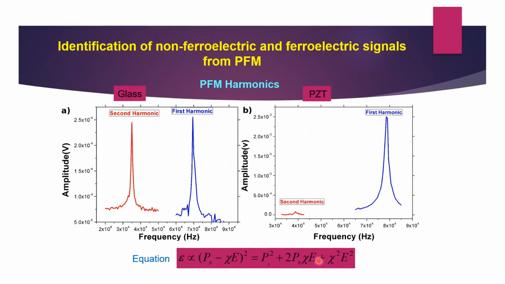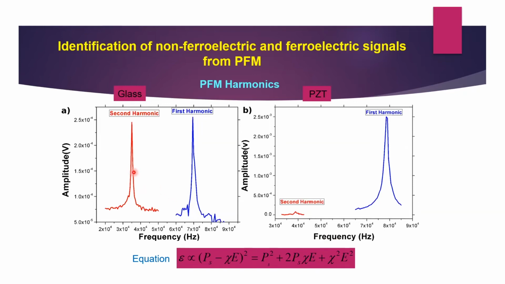You can see that there are two parts that depend on the polarization and one part that doesn't depend on the polarization. And this part is the electrostatic contribution, and this electrostatic contribution can be detected by the second harmonic. And this criterion is based on this.